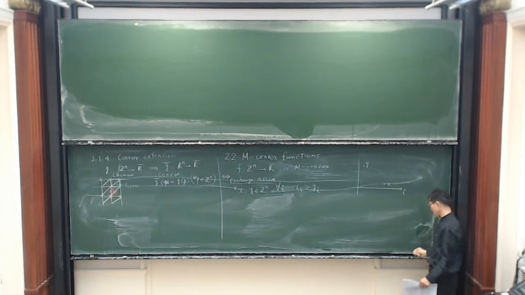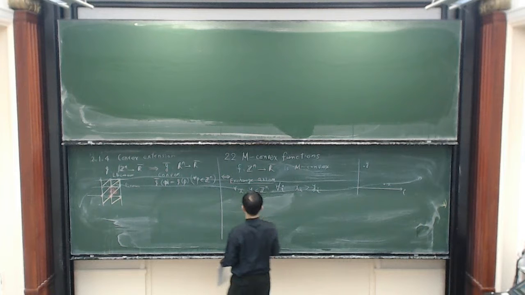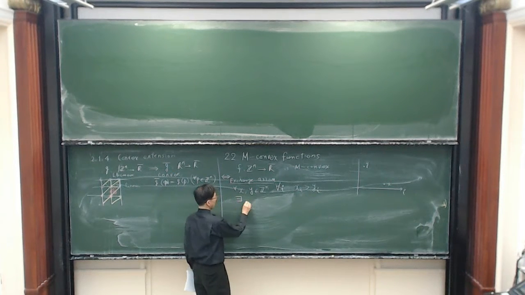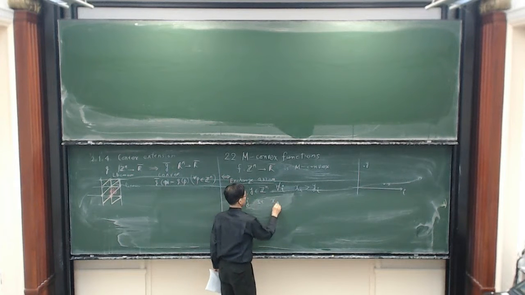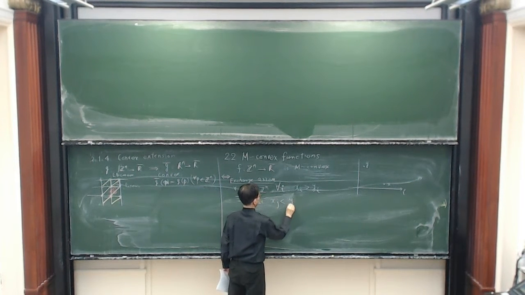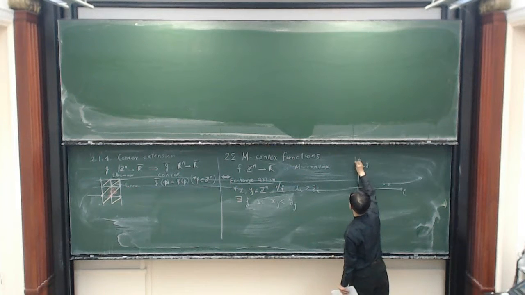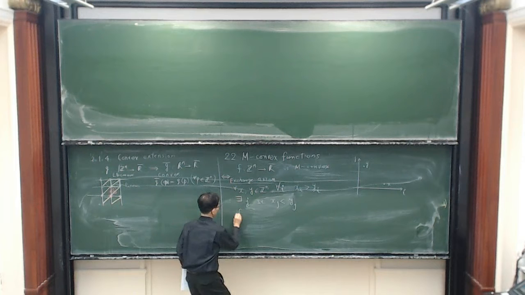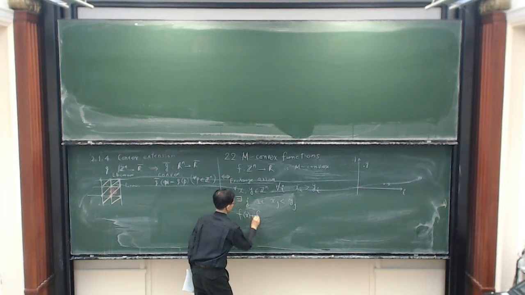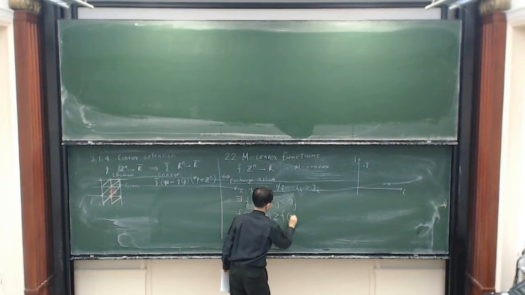Then you can find j such that x_j is smaller than y_j. In this picture, j is in this direction. And the function value, f(x) plus f(y), this original sum, is not smaller than the new point.